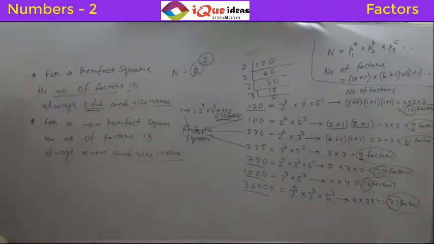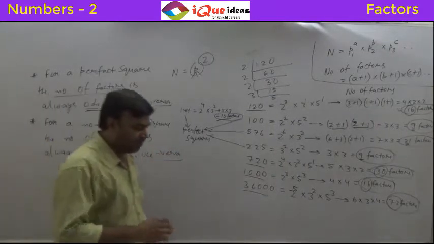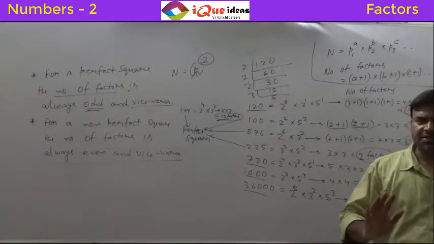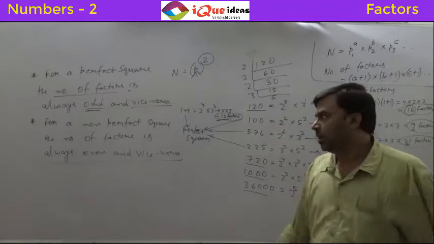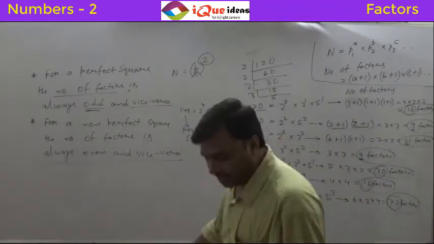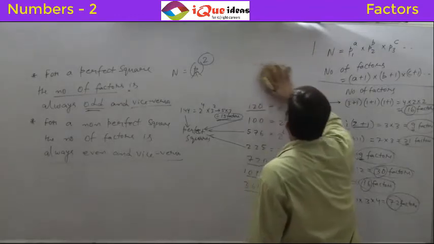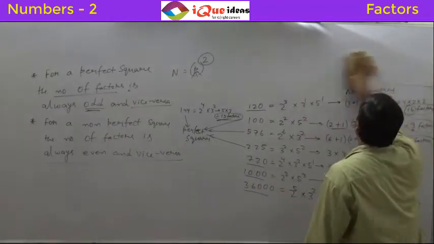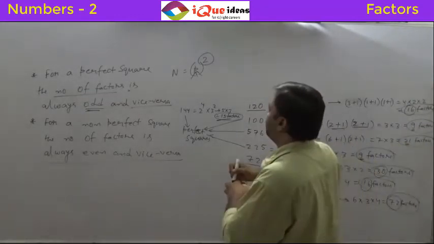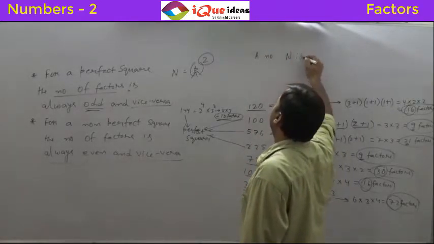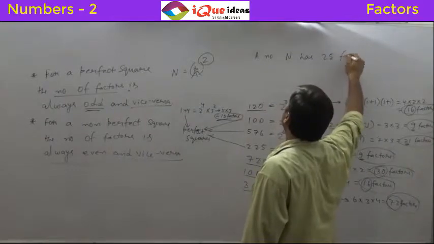So if I give you a question, listen very carefully. If I give you a question like this, a number has 25 factors. What is the inference that you can take out from that? At least one piece of information you can take out from there is, I'll first write the statement: a number n has 25 factors.